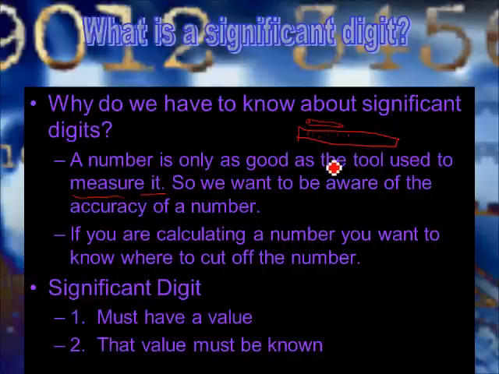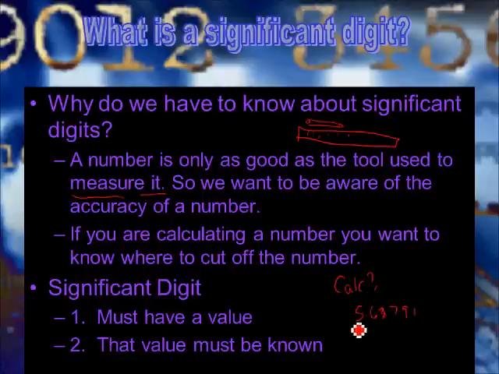But when you're doing calculations, the question is, when you multiply, you divide, what happens to the accuracy, and where do you cut off your number? That ultimately is what this PowerPoint will allow us to do. When you have a calculator, where do you cut your number off? It's 5.63791.